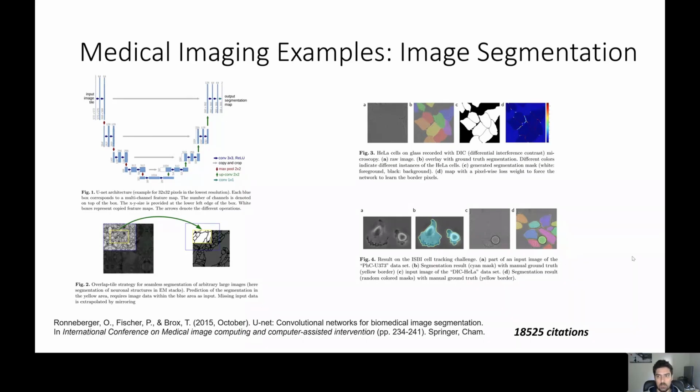So in this example that you see here, this is one of the, if not the most established and the most successful deep learning models for image segmentation. It was initially published 5 years ago, and since then it has attracted about 18,000 citations. So you can understand how widespread the adoption of this model has been.